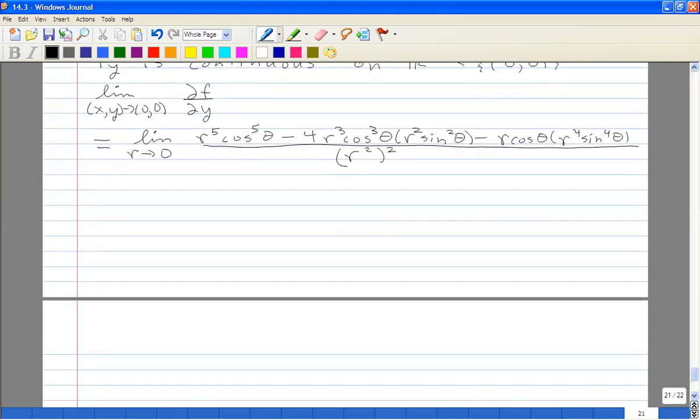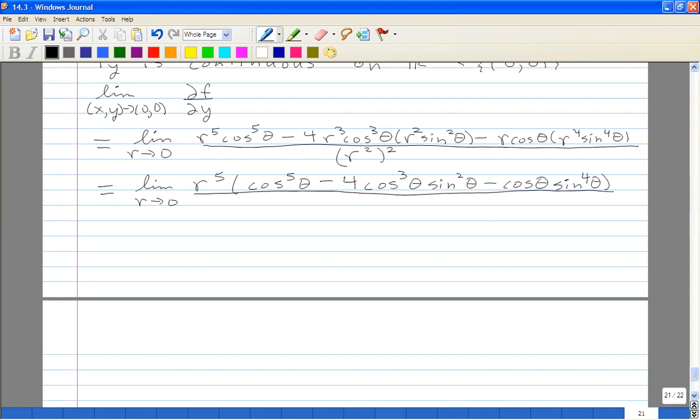So this is equal to the limit as r goes to 0 of factor out r to the fifth. r to the fifth, cosine to the fifth theta minus 4 cosine cubed theta sine squared theta minus cosine theta sine to the fourth theta, divided by r to the fourth. So 4 of these cancel. You just get r.